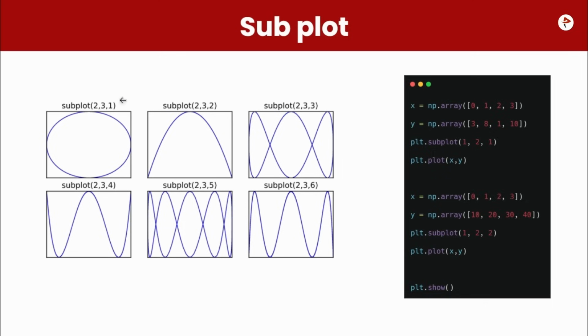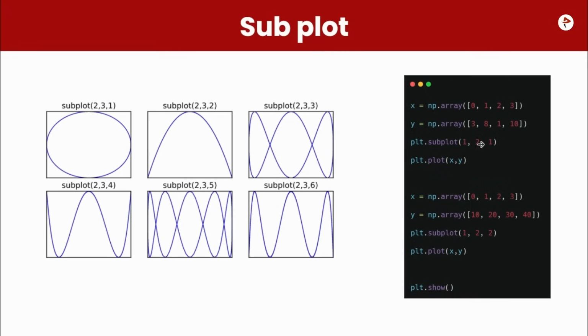The final number will be the position. If I need these values to be plotted in the place of number 1, I can pass 1 here, and this will place it here. If I pass number 2, it will be placed next to it, and then 3, 4, 5, 6. So the 2 and 3, the rows and columns, will be constant, and the numbers representing the position will be different. 1, 2, 3 here, then 4, 5, 6.